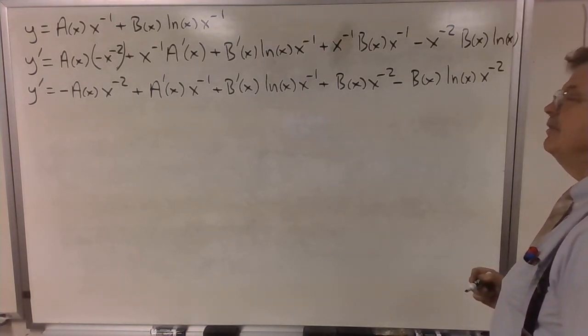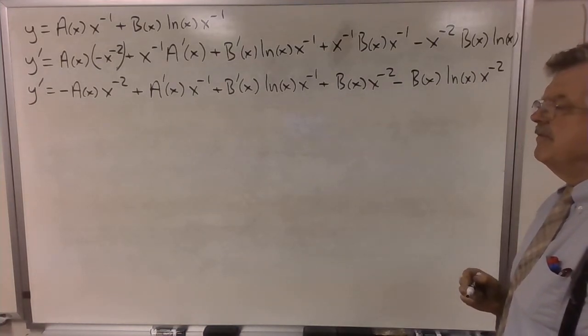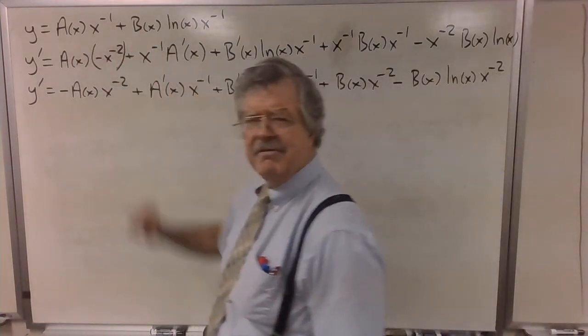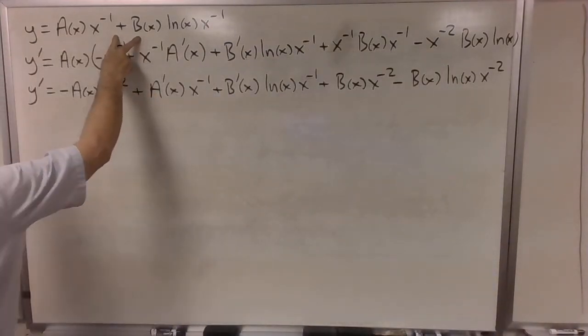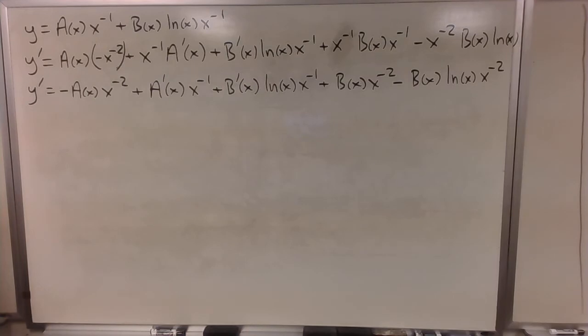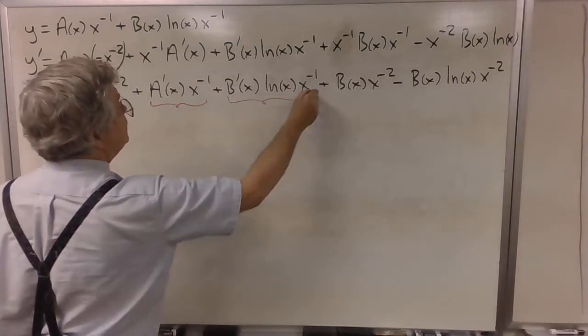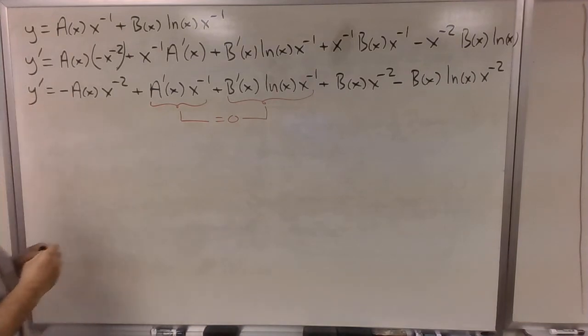And I'm going to impose my second restriction. My first restriction was that this pair of functions, a of x and b of x, actually do make this expression the solution of our Euler equation. The second restriction I'm going to impose is that the sum of these two things is going to equal 0.